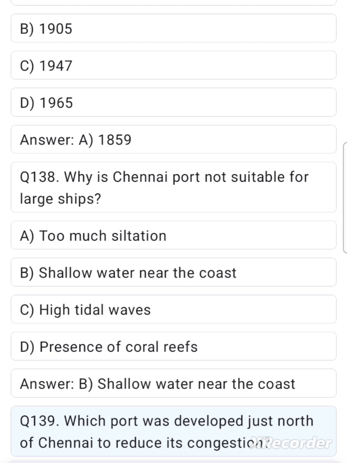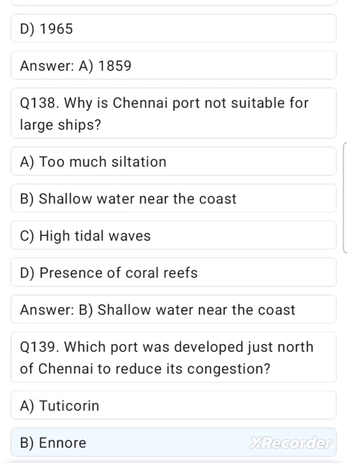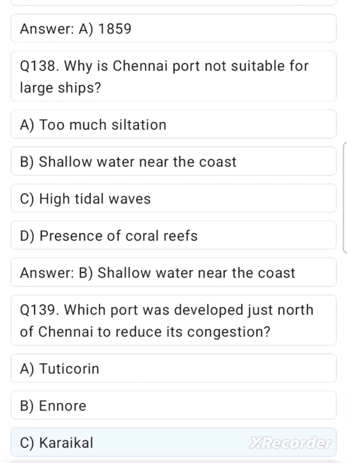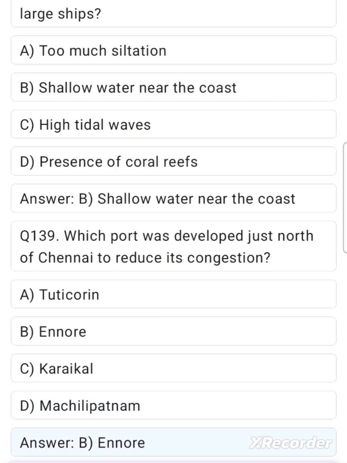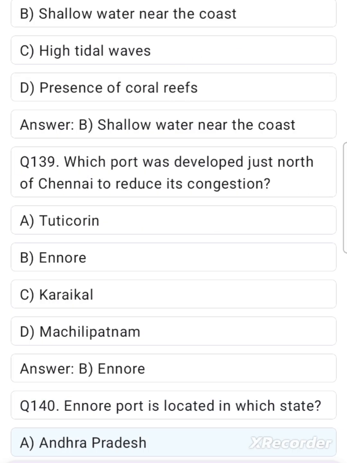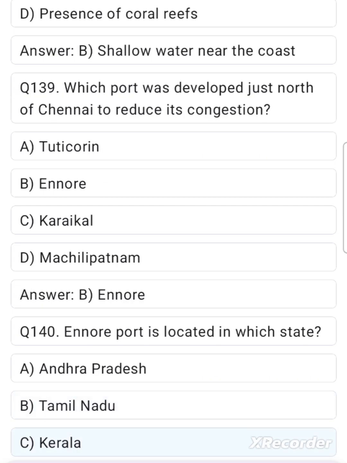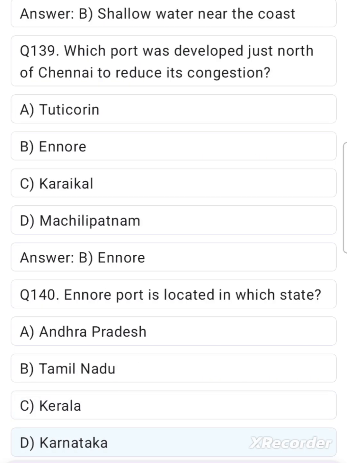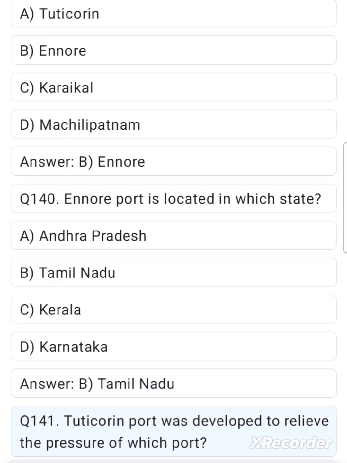Q139. Which port was developed just north of Chennai to reduce its congestion? A. Tuticorin. B. Ennur. C. Karaikal. D. Machilipatnam. Answer B. Ennur. Q140. Ennur port is located in which state? A. Andhra Pradesh. B. Tamil Nadu. C. Kerala. D. Karnataka. Answer B. Tamil Nadu. Q141.